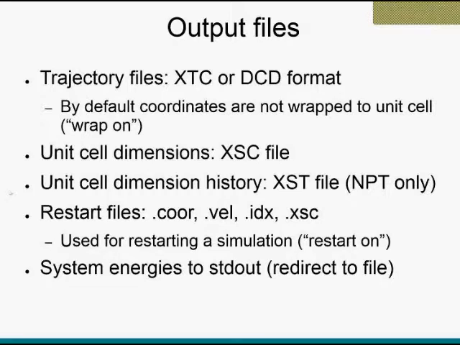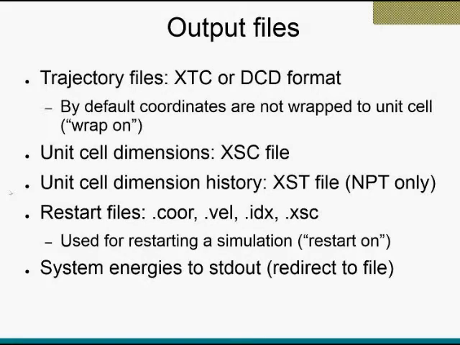It has a slight reduction in numerical precision relative to the double precision uncompressed DCD format, but in practice, the precision is adequate, not just for any analysis that you want to perform on the trajectory, but also for use as input for restarting the trajectory or a new simulation from one of those things.